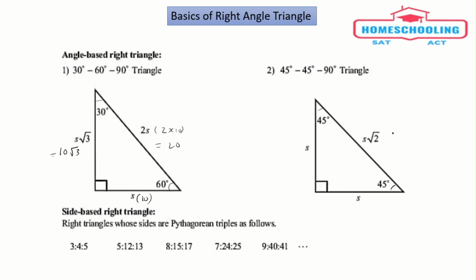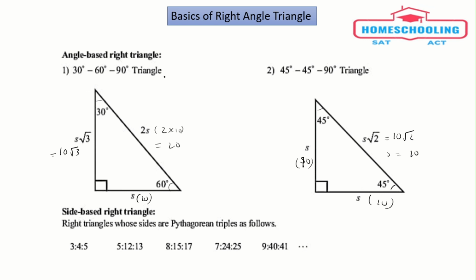So if in the question a figure is given with three angles of 90, 45, 45, and the hypotenuse is given as 10 root 2, from this we can say that s is equal to 10. So this side is 10 and this side is 10.